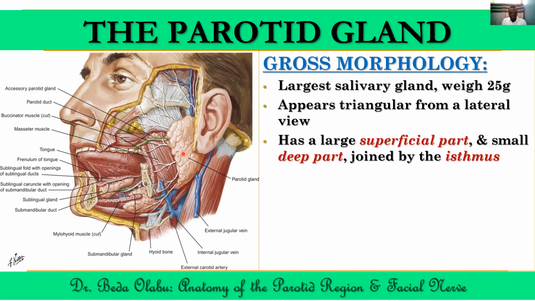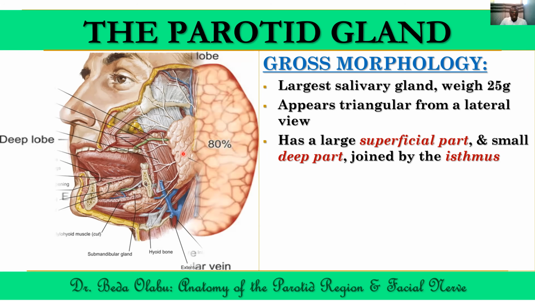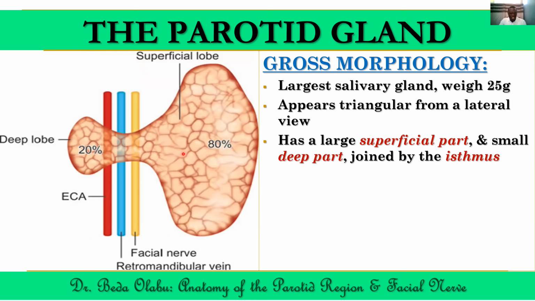And the plane of the two corresponds with some structures. So there are some landmarks that can be considered to be the ones dividing the superficial and the deep parts of the gland. In particular, we can look at the ramus of the mandible as one of the markers of separation of superficial and deep, but we can also look at other things.